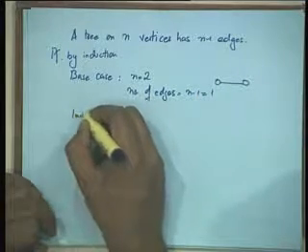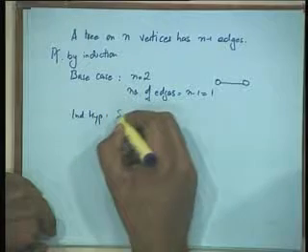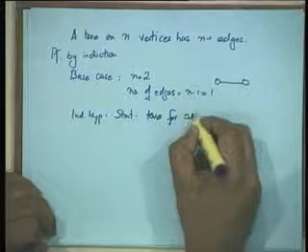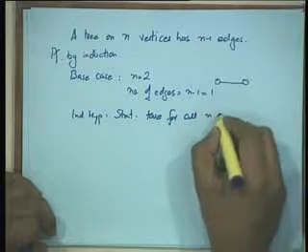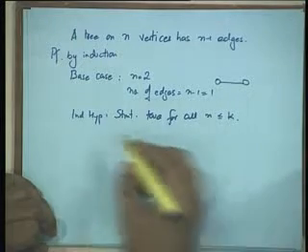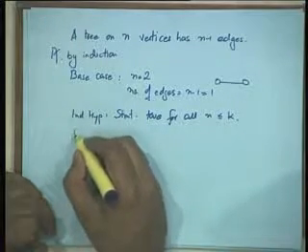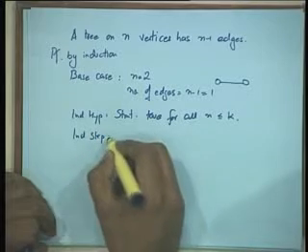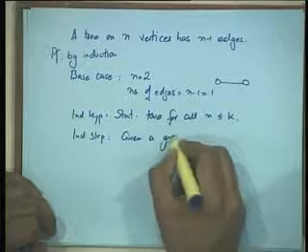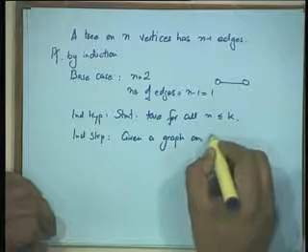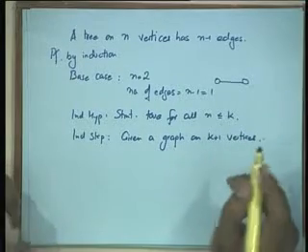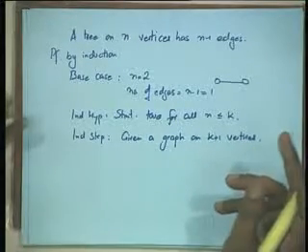So what will be our induction hypothesis? The statement is true for all n less than or equal to k, let's say. Now the induction step. Given a graph on k plus 1 vertices, why should this have k edges?